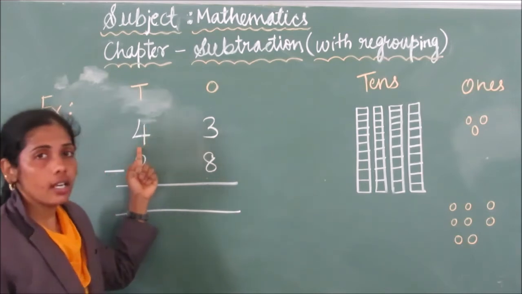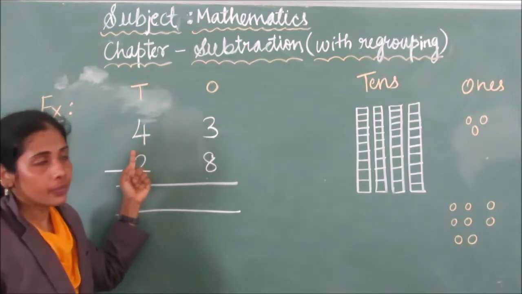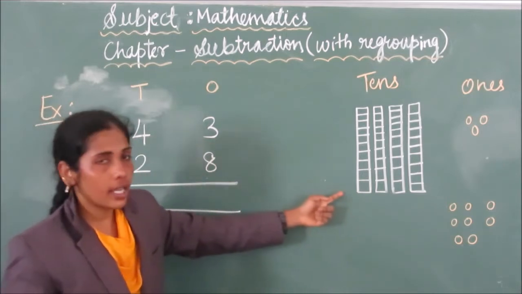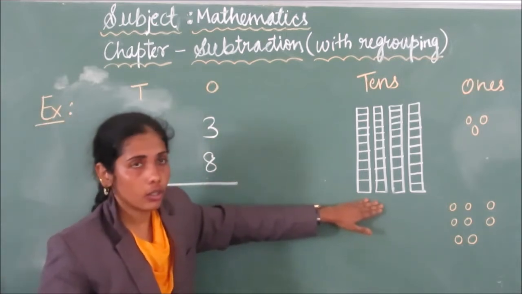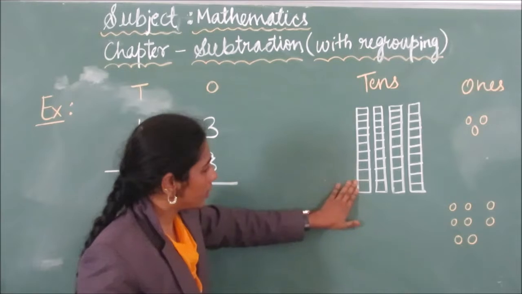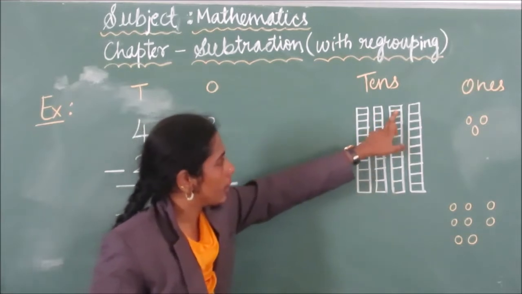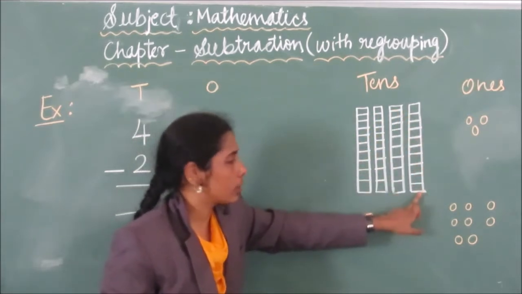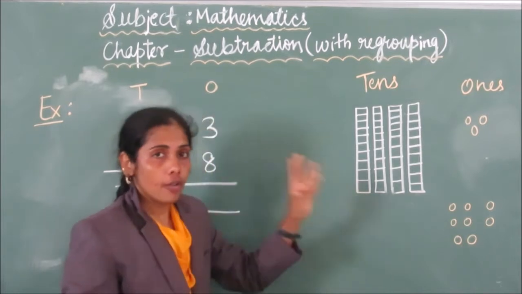How many tens are there? 4 tens. I'll show you with an image. This is a bundle of 1 ten, a bundle of 2 tens, a bundle of 3 tens, a bundle of 4 tens. How many bundles? 4 bundles.